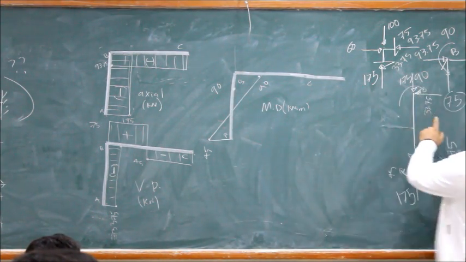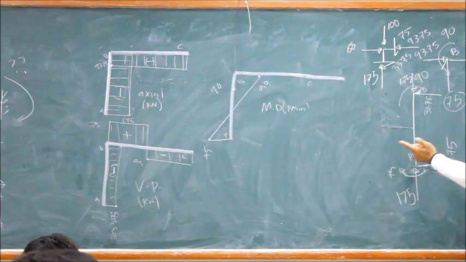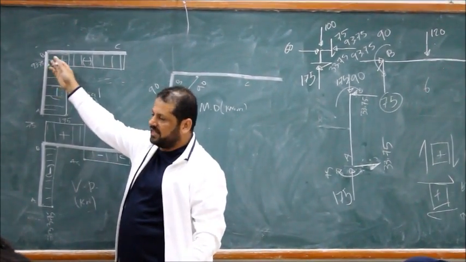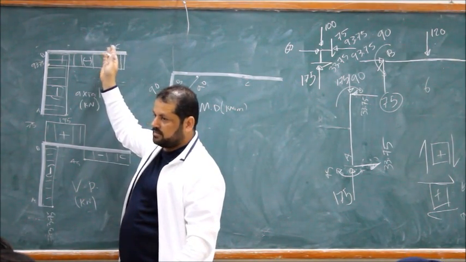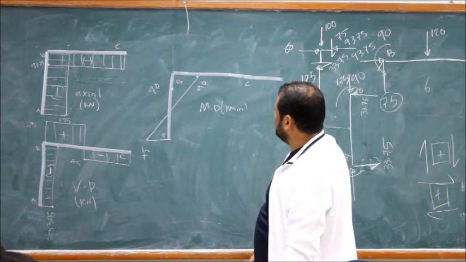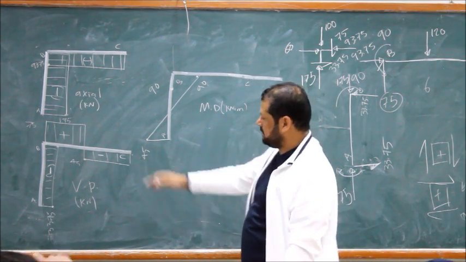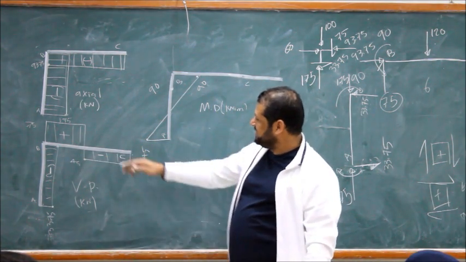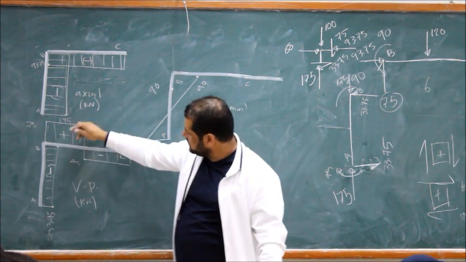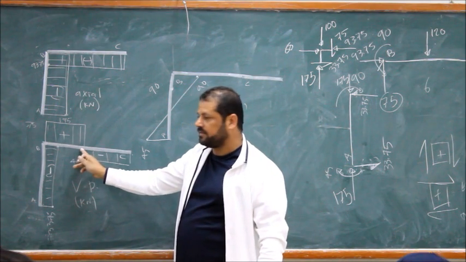Now the change from here to here, what is the shear diagram? The area under the shear diagram, 93.75 times... Sorry. So 75, 175, right? What's this? 75 times 3.